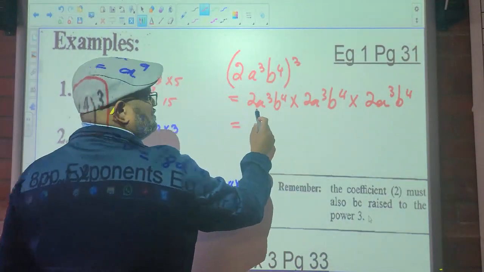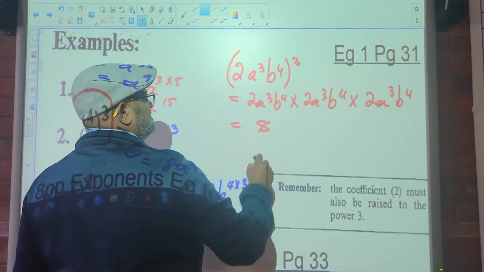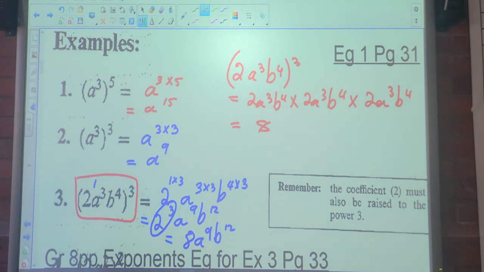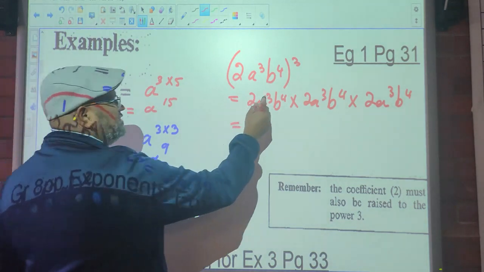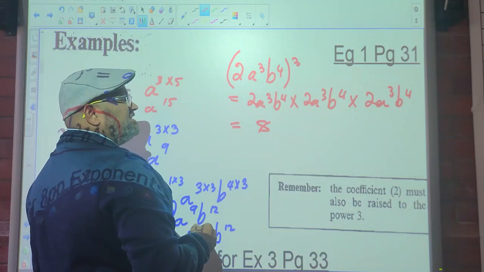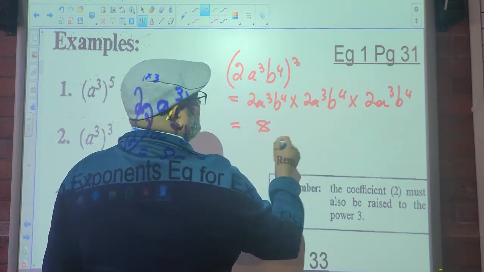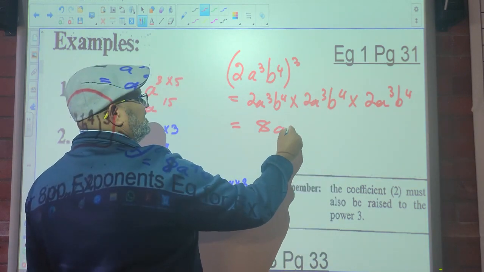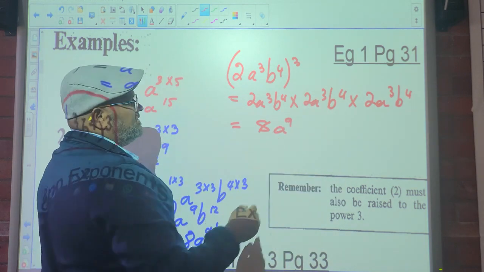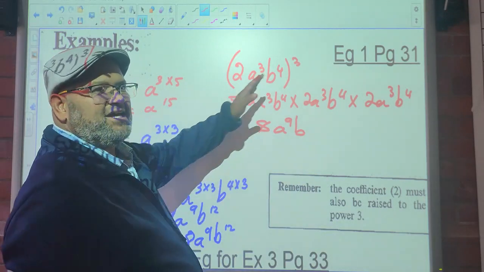What is 2 multiplied by 2? 4. 4 multiplied by 2? 8. Okay? What is a cubed times a cubed? A6. And a6 times a cubed? A9. Can you see that? B4 times B4? B8.